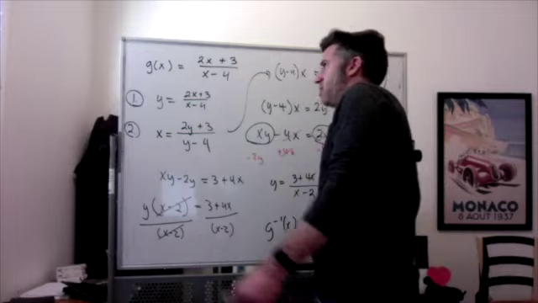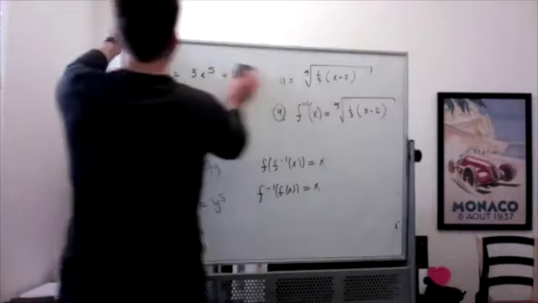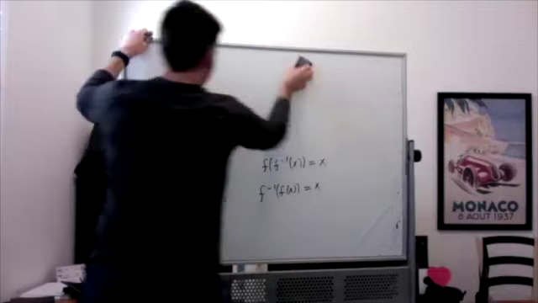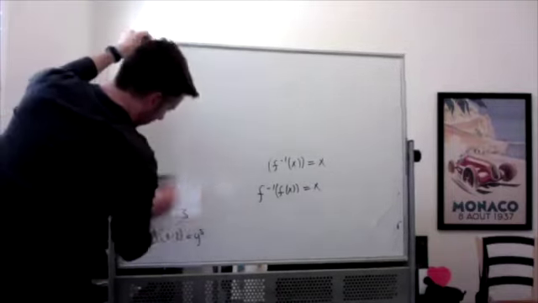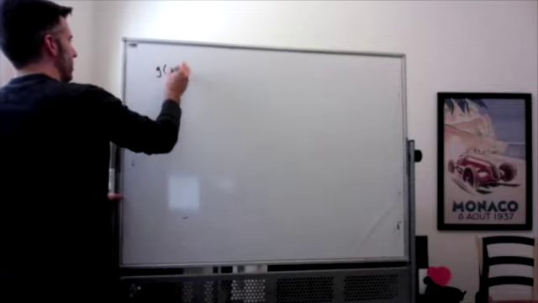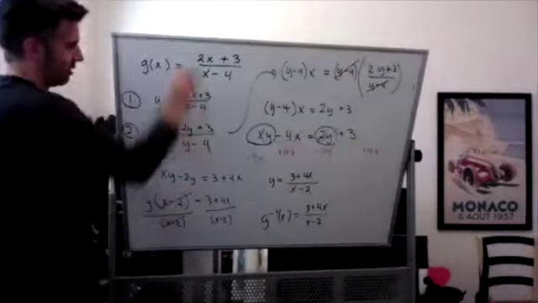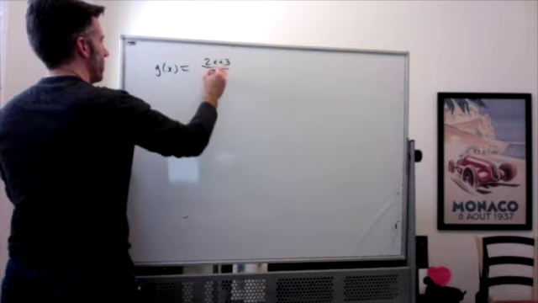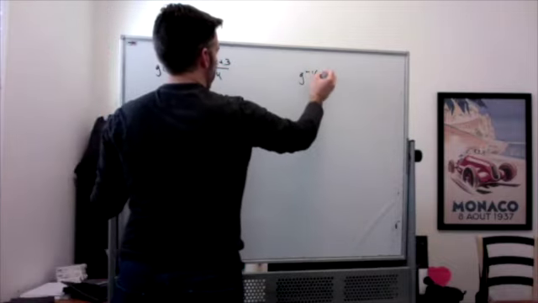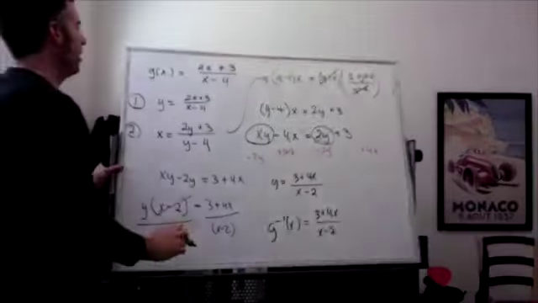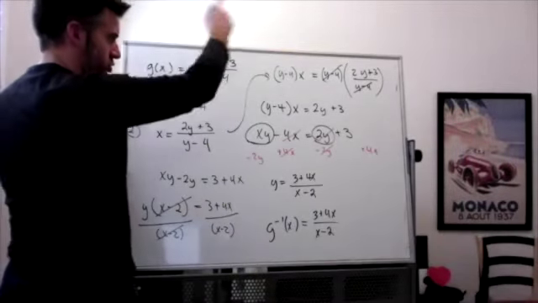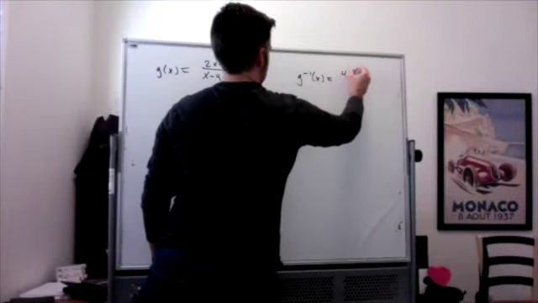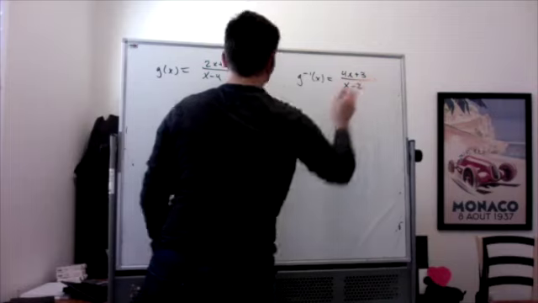So let me write this down the other side, just so you guys can see this. Again, I'm probably not going to ask you much about this in general, but it is worth knowing. So if g of x is equal to 2x plus 3 over x minus 4, and g inverse of x is equal to 4x plus 3 over x minus 2.